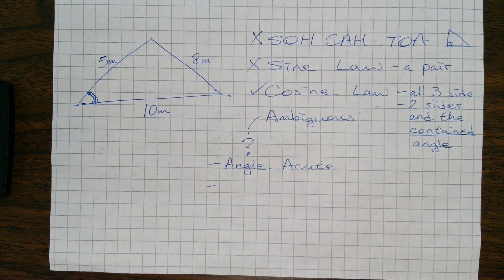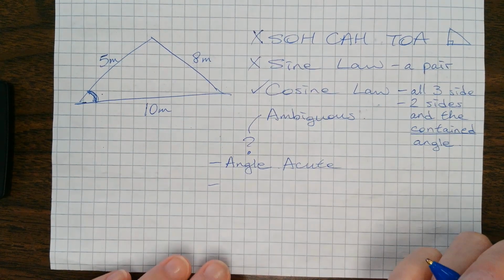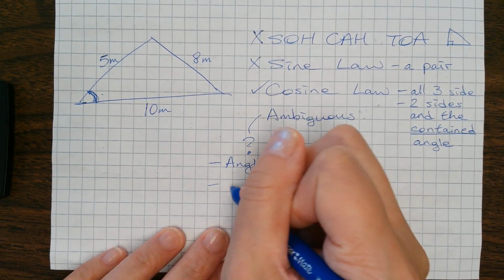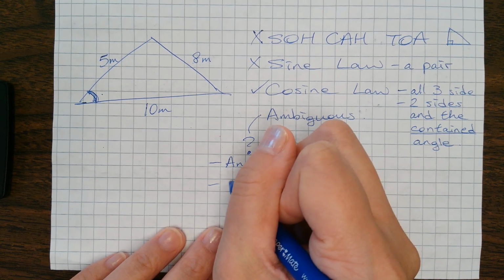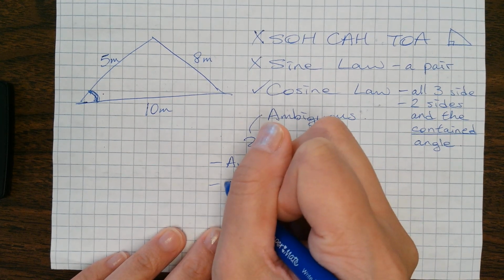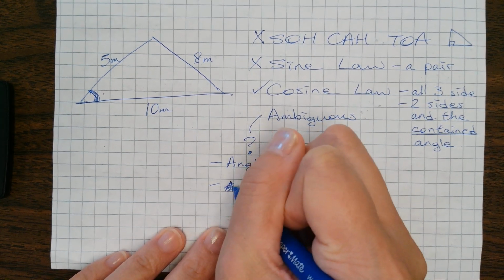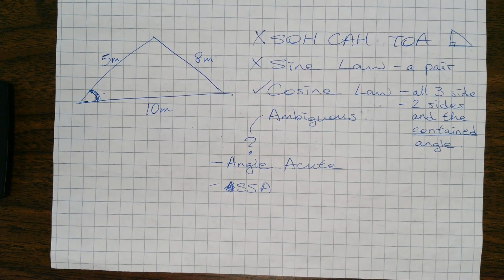Second condition, you have to be given SSA, sides: you have to be given a side and an angle.